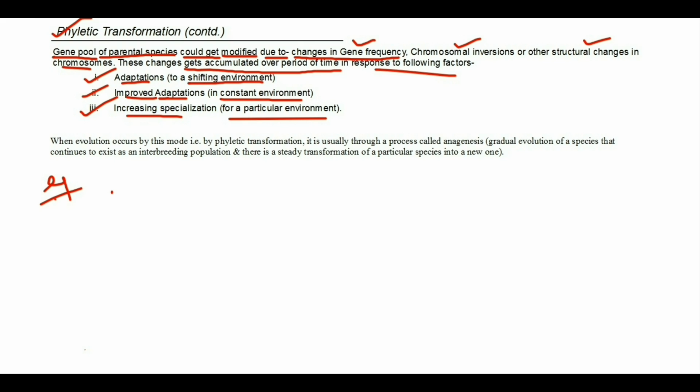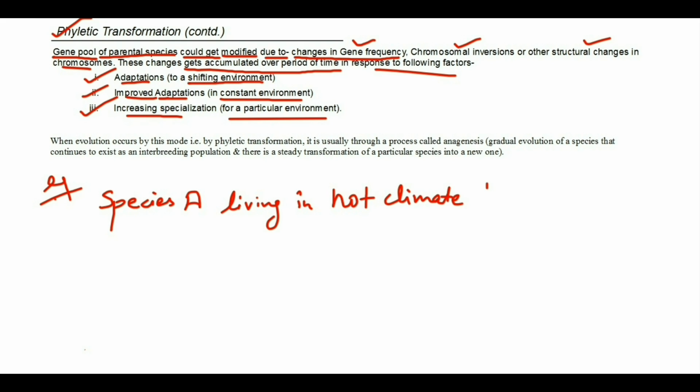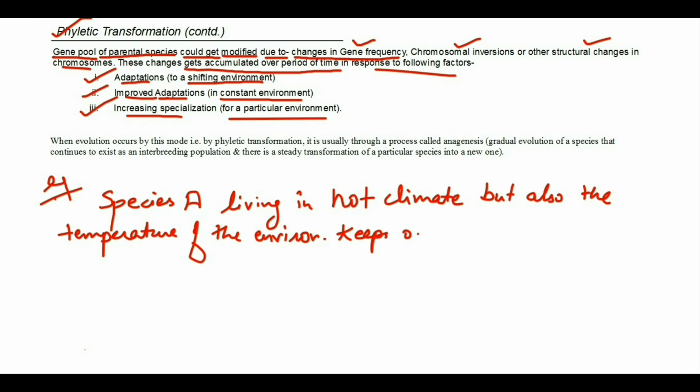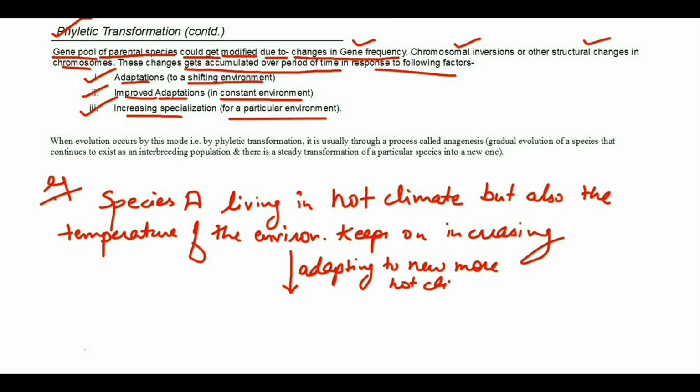For example, we have a species A living in a hot climate, and the temperature of the area where species A exists goes on increasing. The temperature of the environment keeps on increasing, and this will result in adapting to a new, hotter climate. But this will happen over a period of time and over some generations.